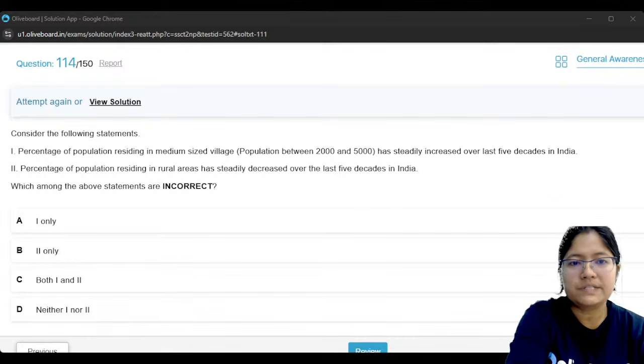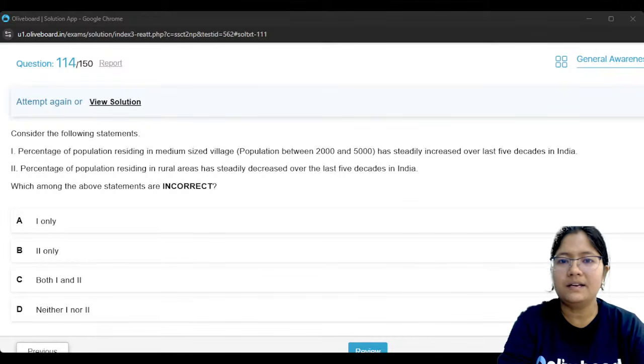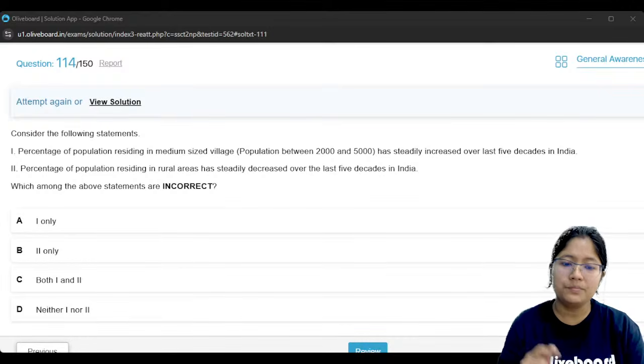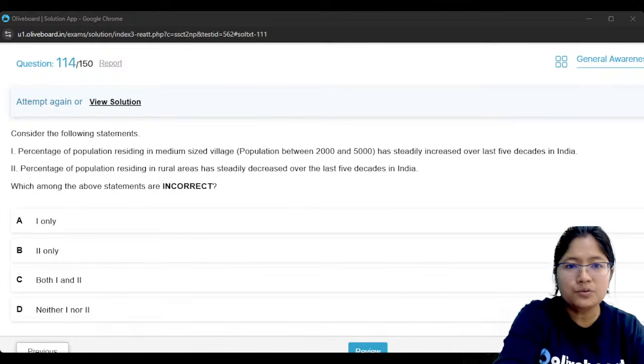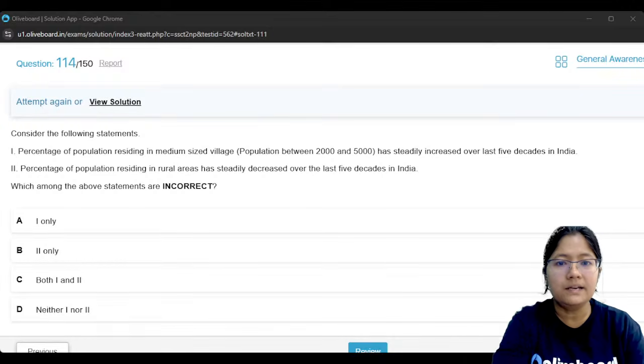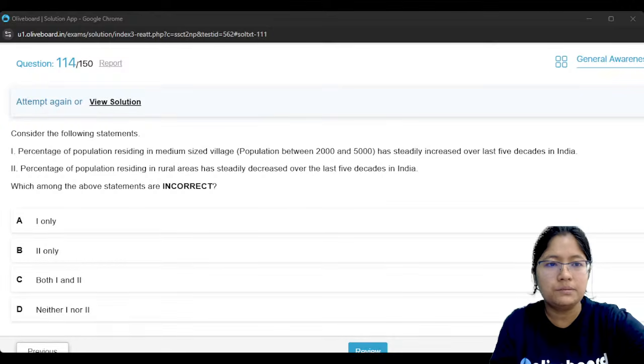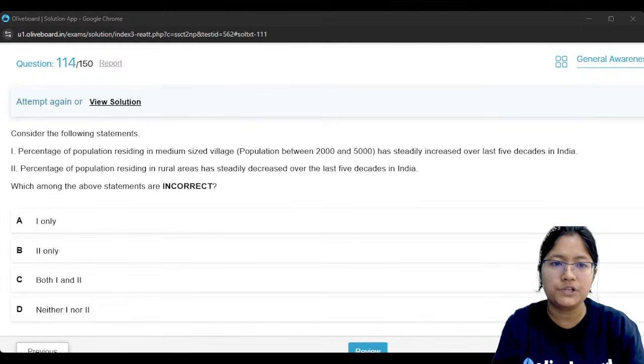Percentage of population residing in rural areas has steadily decreased over the last 5 decades in India. So, in case of the urban population, what we know is percentage of residing in rural areas has steadily decreased. The option number 1 is with respect to the village population, right? And option number 2 is with respect to the rural population.